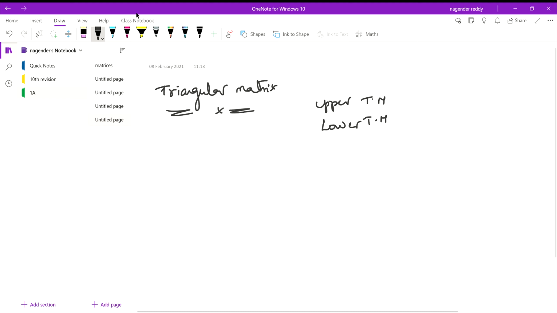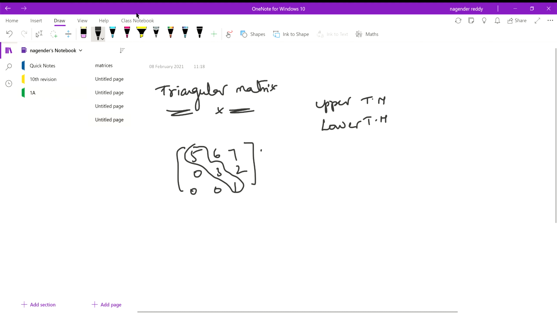Now let me explain what the upper triangular matrix is. For example, if you have 5 6 7, 0 3 2, 0 0 1. Now you can observe the principal diagonal. If the elements below the principal diagonal become 0, and the elements above it are there, then it is called an upper triangular form.